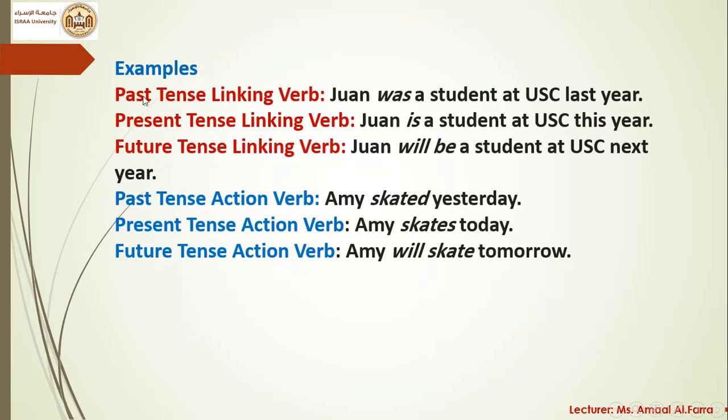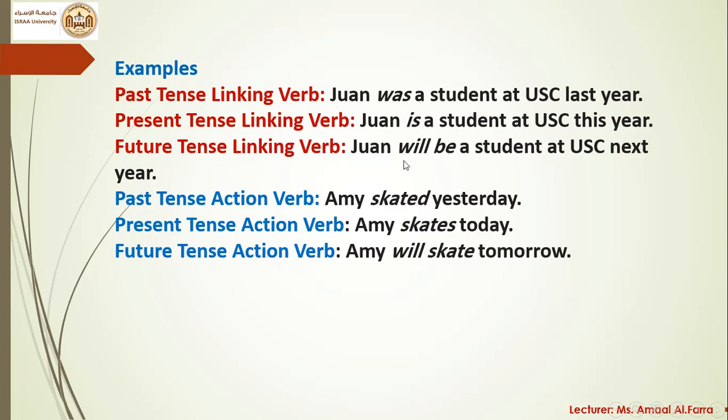Examples. We have past, present, future. Okay, and here also past, present, future, but here for the linking verbs and here for the action verbs. When I say Joanne was a student at USC last year, this is past simple, the past of is. When I say Joanne is a student at USC this year, this is a present tense linking verb.